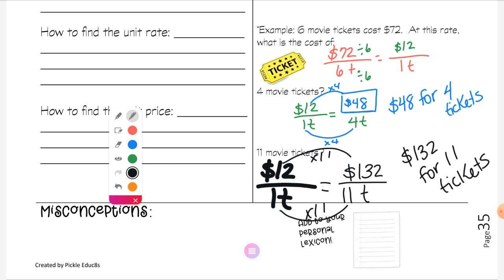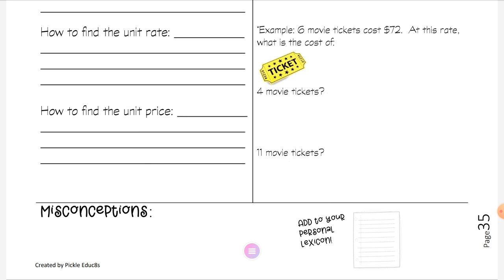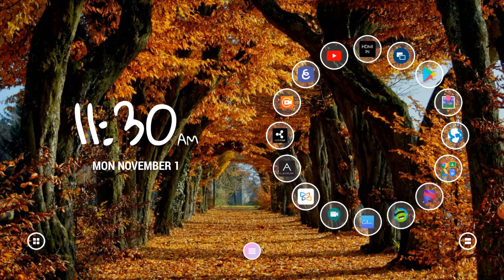Open your book to page, I don't know, lesson 8. Meyer, let me see yours. Open it to page 62. Page 62.